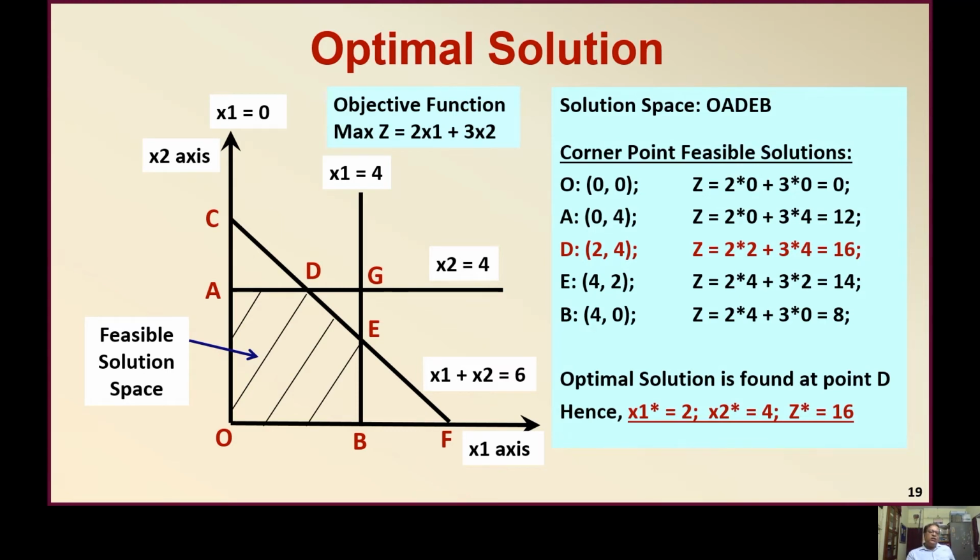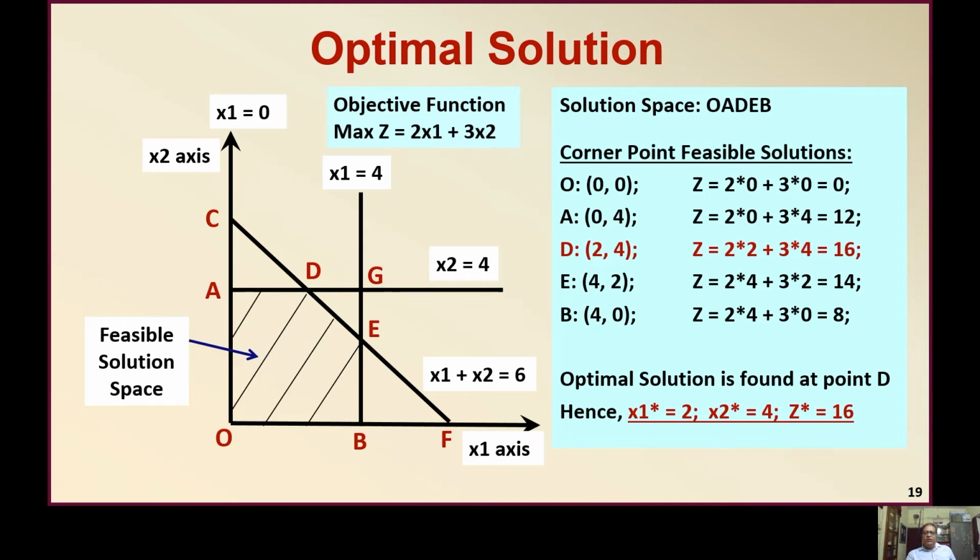So you see what we achieve: if the objective function is linear, if the constraints are linear, we simply know we have to look at the feasible corner points and the solution will lie at one of those feasible corner points. So look here, the solution space here is OADEB.